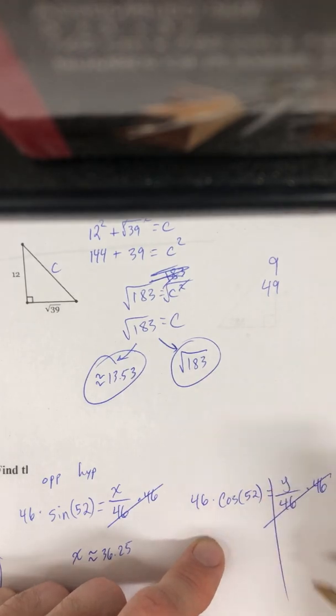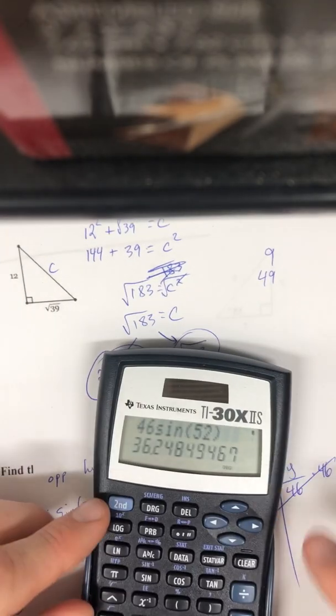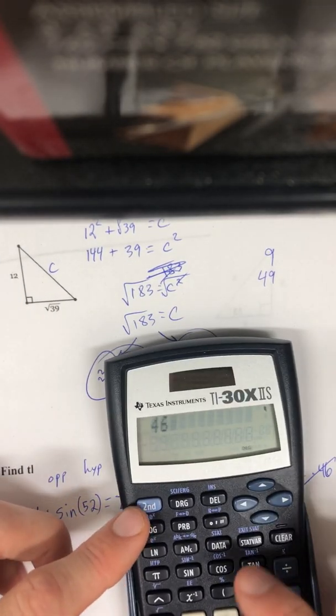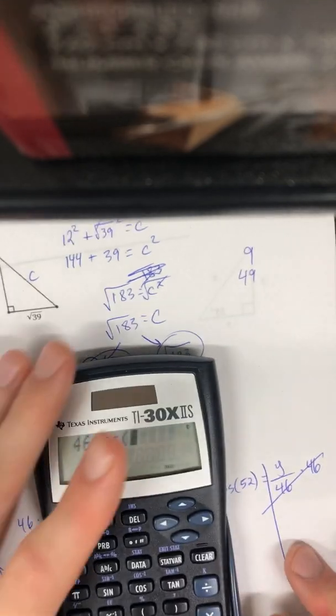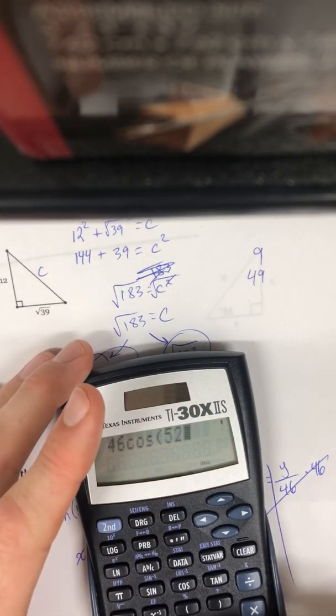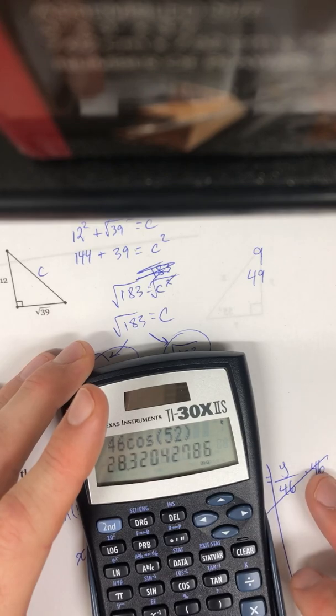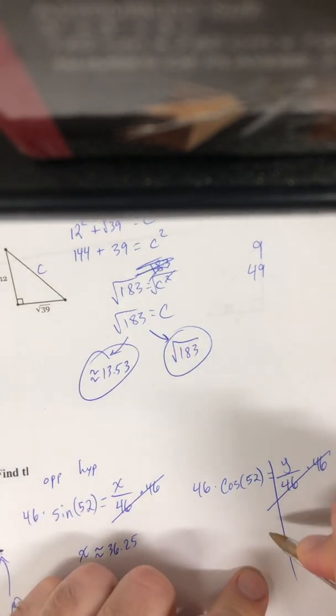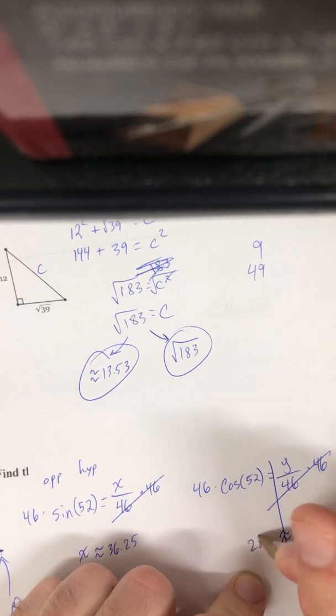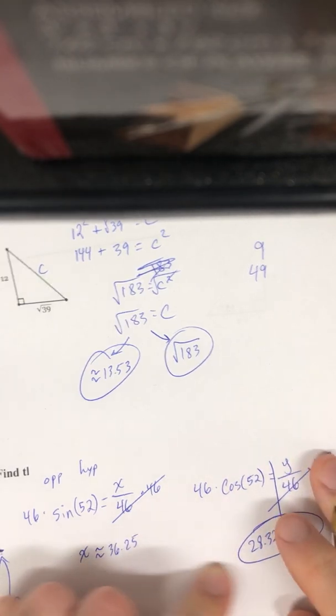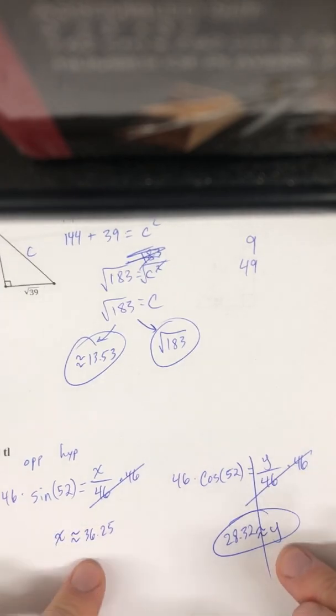Do 46 times cosine of 52, and that is 28.32. So that's how to find x and y.